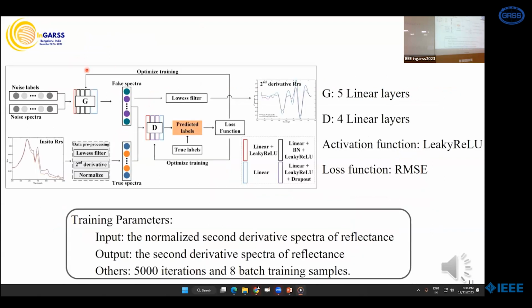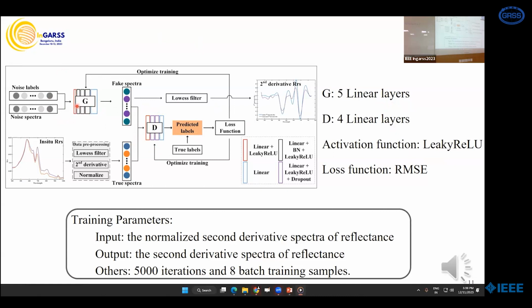We incorporate the characteristics of hyperspectral reflectance data and employ linear layers as the fundamental layer of the network. This model consists of a generative network and a discriminant network.